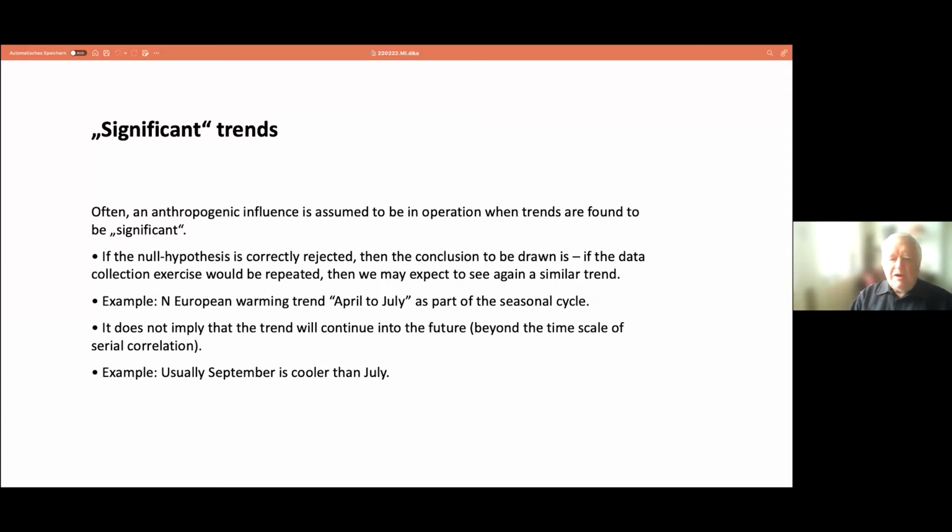So, for instance, if we look at the Northern European warming trend from April to July as part of the seasonal cycle, we find a warming from April to July, and we would also find it to be significant if we have many of these segments. But this significance does not imply that the trend will continue into the future, beyond the timescale of serial correlations. And indeed, September is usually cooler than July. So that's the limited value of significance of trends.